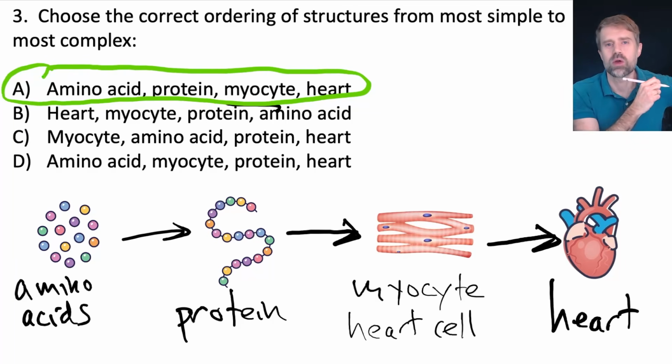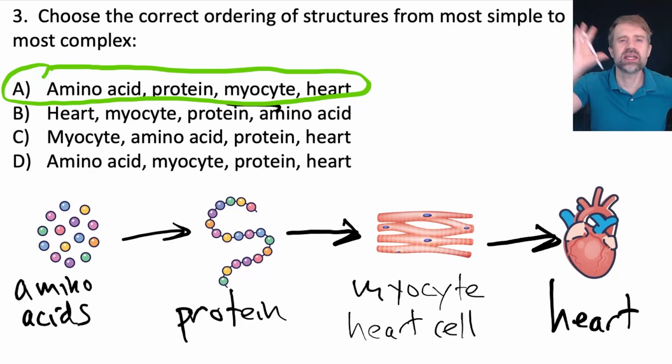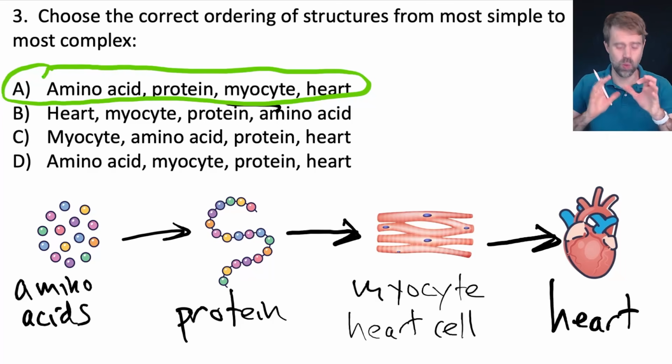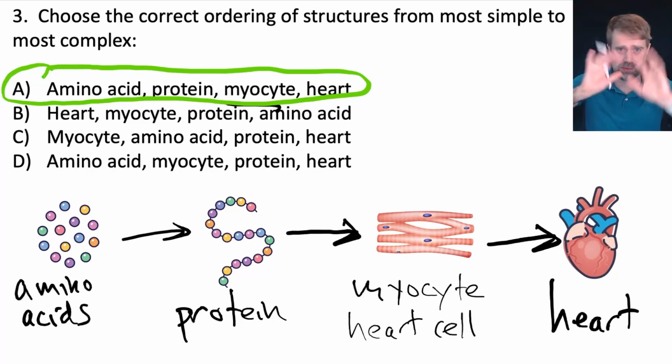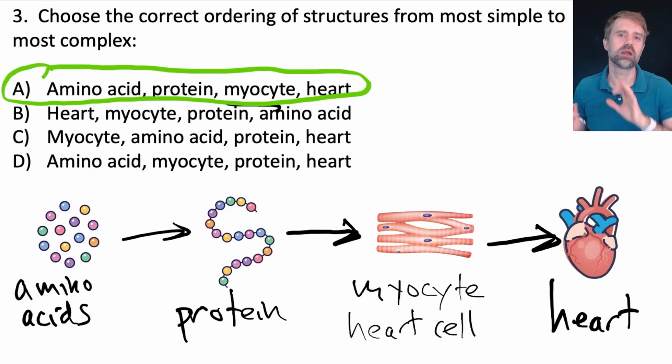I want to give you a word of warning. This is the kind of question that even if people know the answer, they often get it wrong. Can you guess why? Because they don't read the question carefully. And they just see 1 or 2 words that look right, and then they choose it. Make sure whenever you have a question like this, particularly where you have the same 4 words or 5 words sort of scrambled in different ways, that you read it very, very carefully.